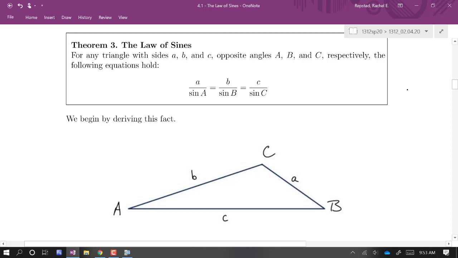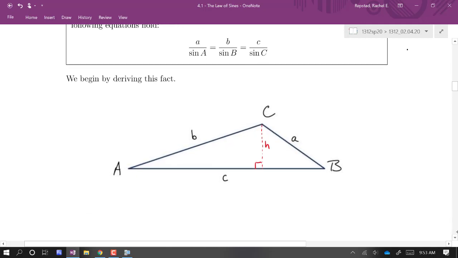Let's drop this perpendicular down from angle C. Then the length of that perpendicular is the height of the triangle, so I'm going to call that H. Now, since we have a right triangle, in fact, we have two right triangles, one here and one here, that both share this side, H.